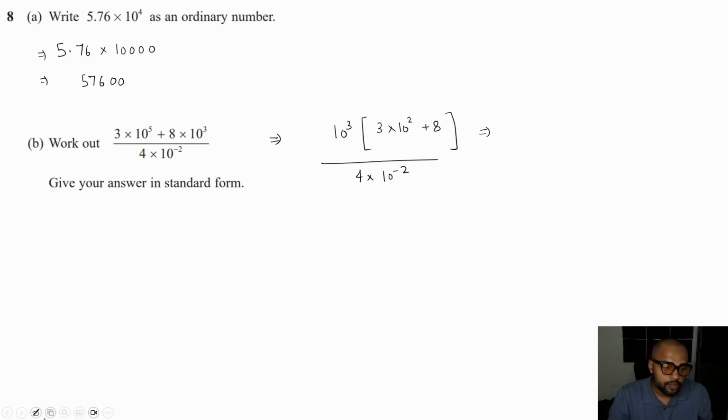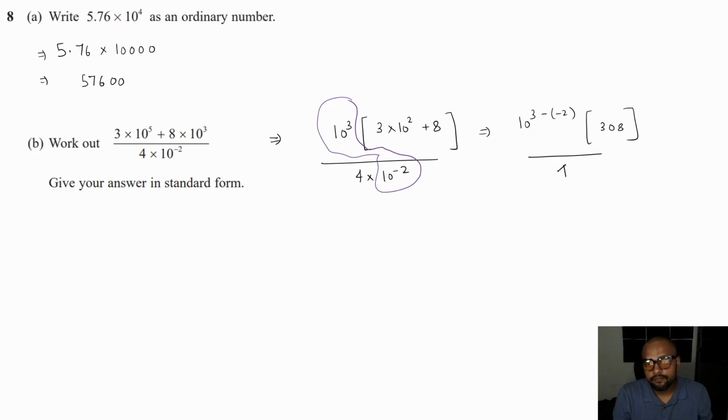Applying the law of exponents here, we get 10 power 3 minus 2, and in the bracket it will be 308 on 4.